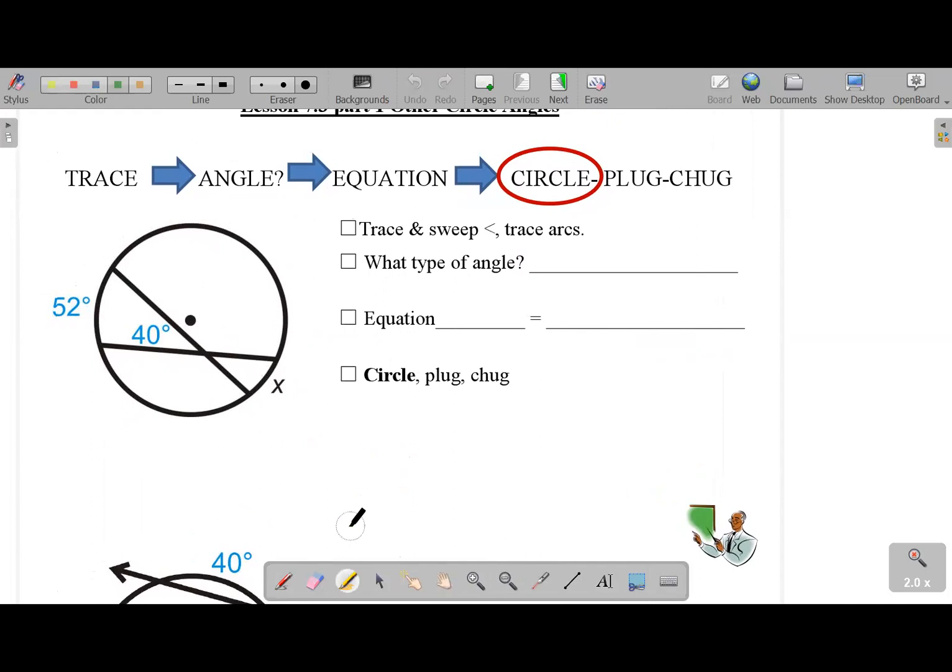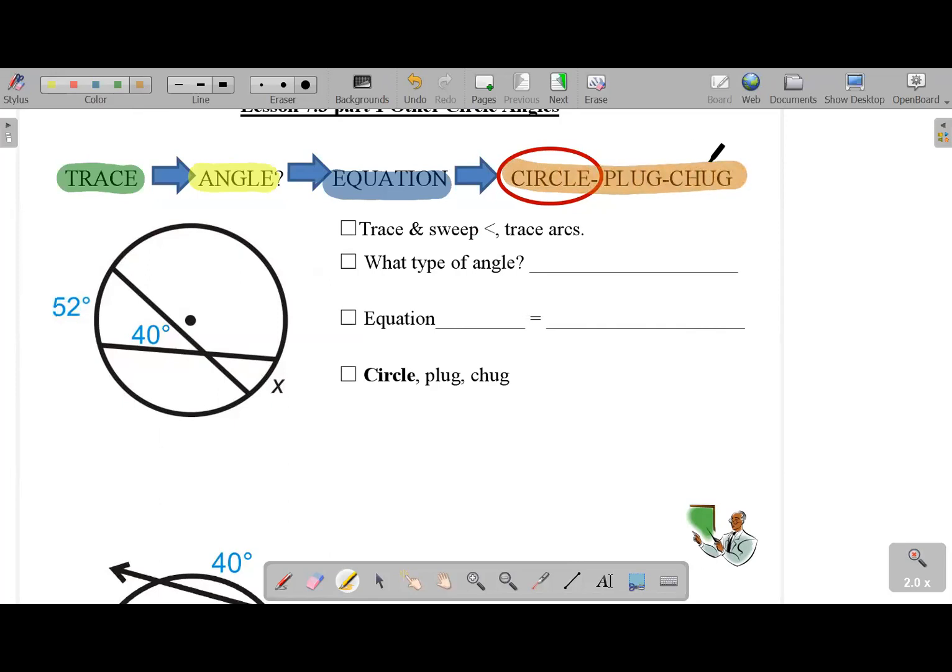Step number 1 is you want to physically trace the angle. Step 2, identify the angle. Step 3, write out the corresponding equations, 2 sides with an equal sign. And most importantly, do what I call circle, plug, chug.